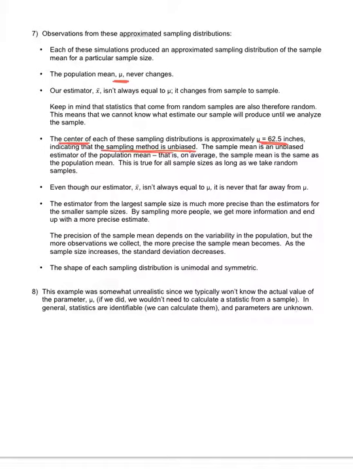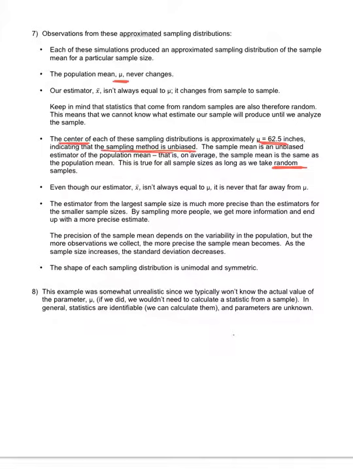This is true for all sample sizes, as long as we take random samples. So there's a condition we need to pay attention to: if we use random sampling, we expect that our sampling distribution will be centered at our population mean.